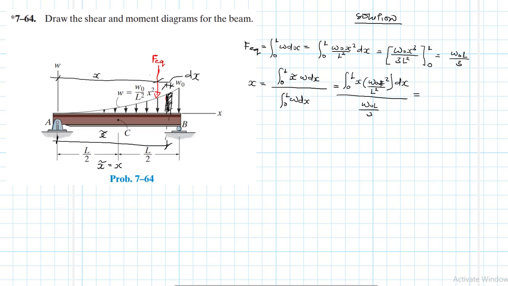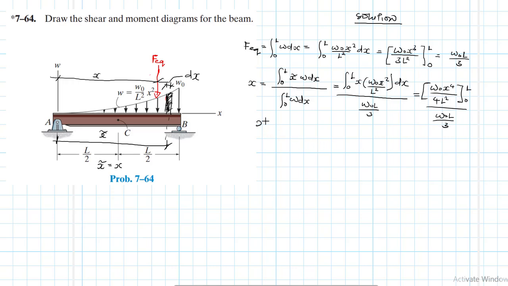If we do the integration, this will give us w naught x to the power 4 divided by 4L squared, evaluated from 0 to L, divided by w naught L over 3.